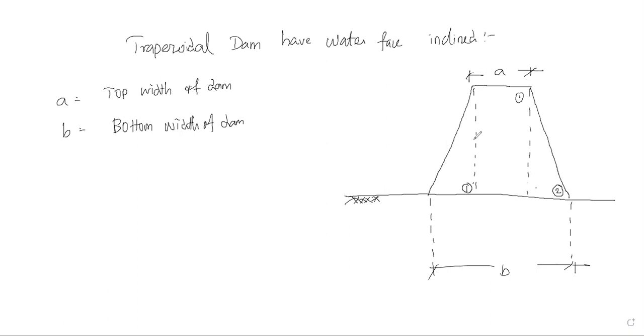Based on this, the centroid may act somewhere. Where the centroid acts, that place the load W is acting. W is nothing but our weight of dam masonry. On this side we can have water pressure.